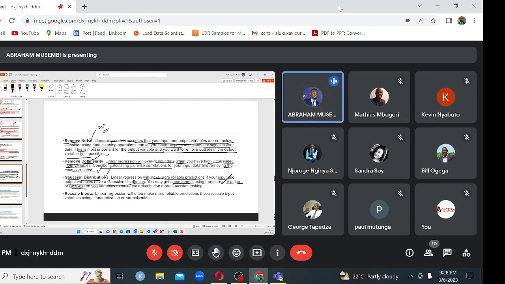Then we have rescaling of your inputs. Of course, it is good to rescale your inputs in order to get a more accurate, more standardized prediction.